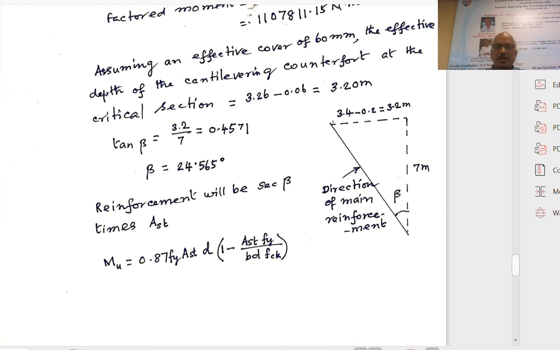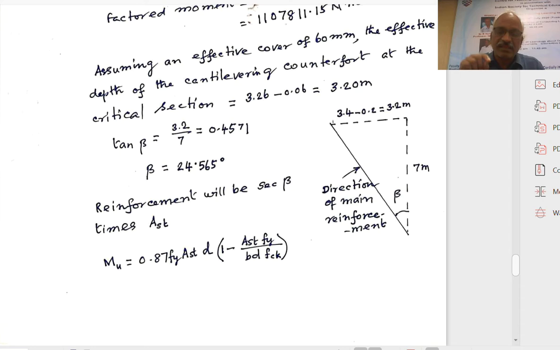Now here, the counterfort is actually a beam of decreasing width when you go towards the top. So the perpendicular distance we will have to consider in the design is accounted for by means of this tan beta. That is, we will be providing the steel at an angle of inclination. We are going to provide the steel along the slope of the cantilever on the right hand side.